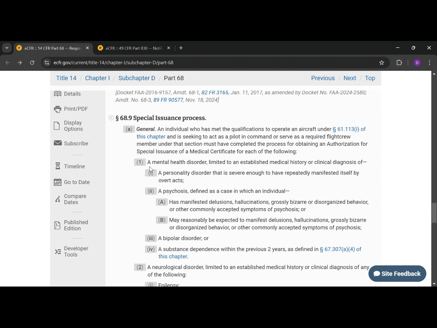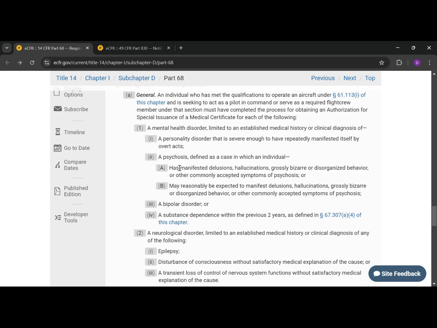So a mental health disorder limited to an established medical history or a clinical diagnosis of a personality disorder that is severe enough to have repeatedly manifested itself by overt acts.